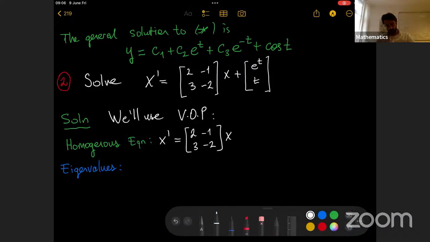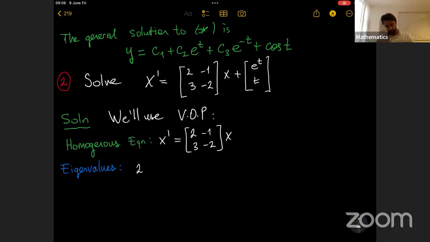As usual, we find this determinant: 2 minus lambda, minus 1, 3, minus 2 minus lambda. This determinant, right?